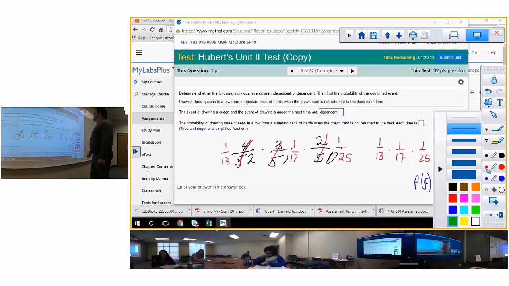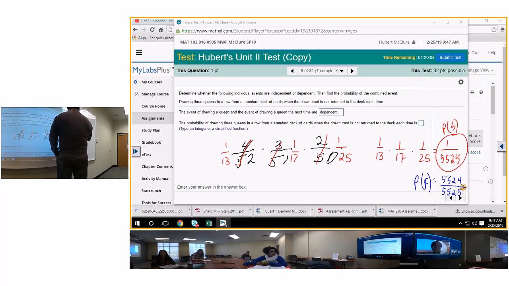This isn't part of the question. So the probability of failure is 5524 over 5525 divided by 1 over 5525. So 5524 to 1.